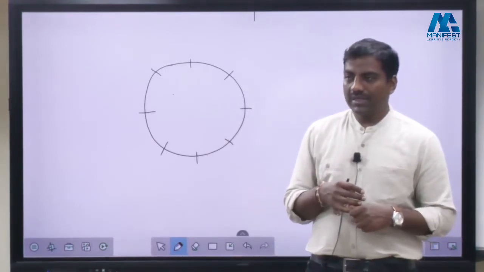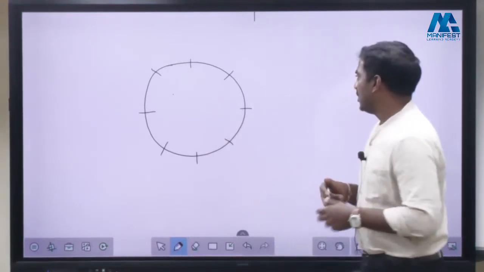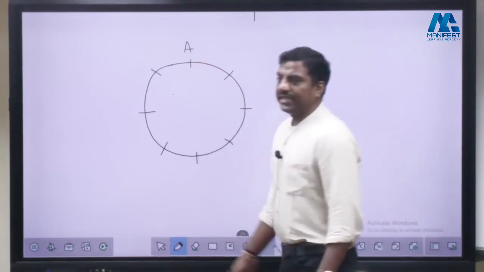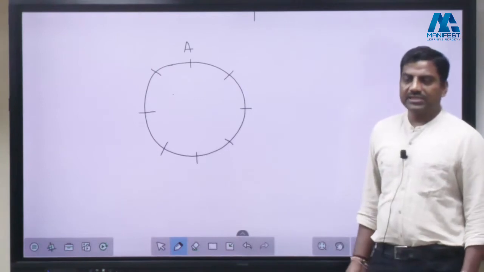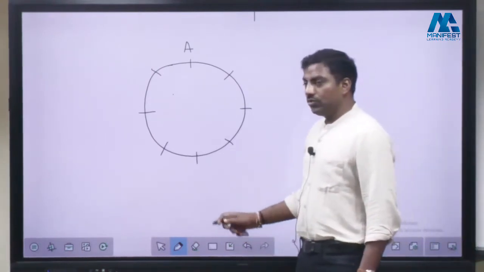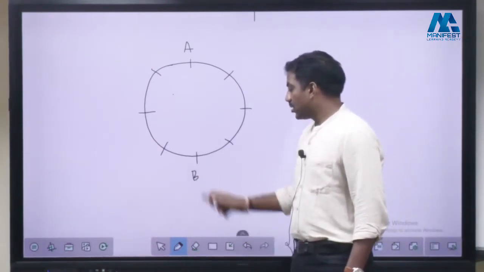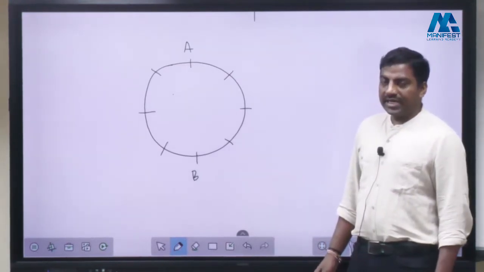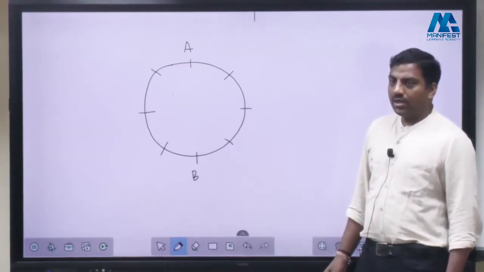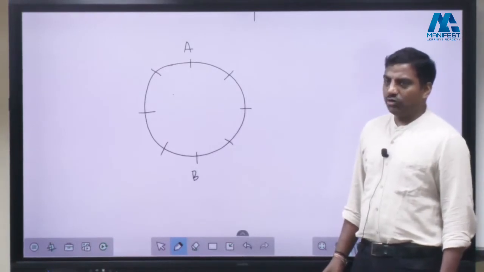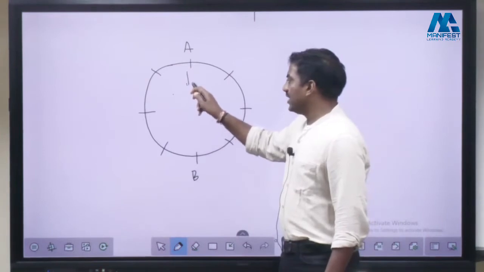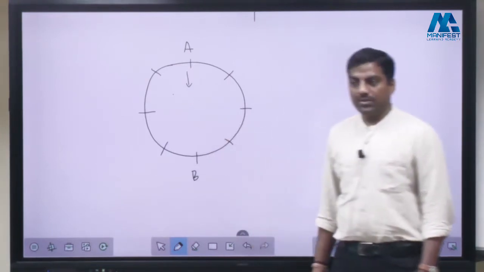Got it? So let's say A sits here. Then they will give the details of other persons. Let's say B is sitting opposite to A. Then here the direction is equally important. When they don't mention anything, you have to assume that all these persons are facing towards the center of the table.